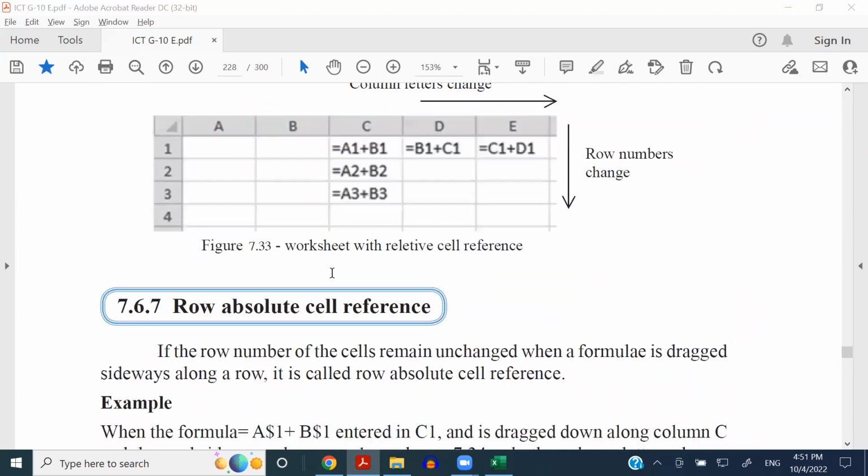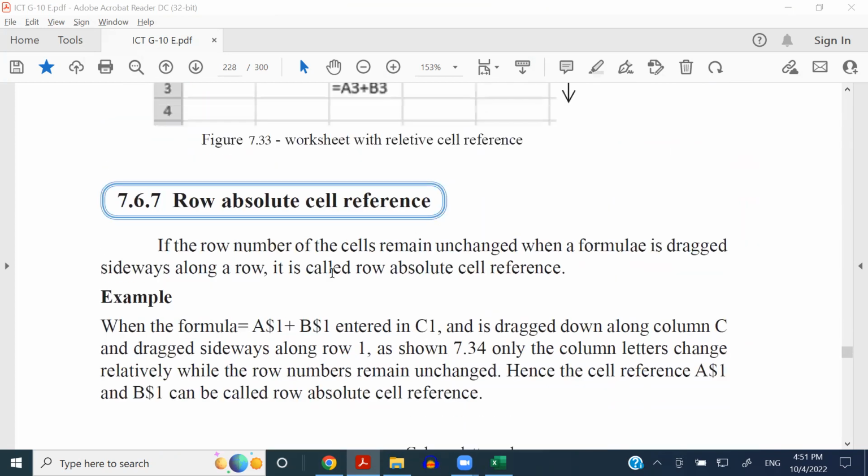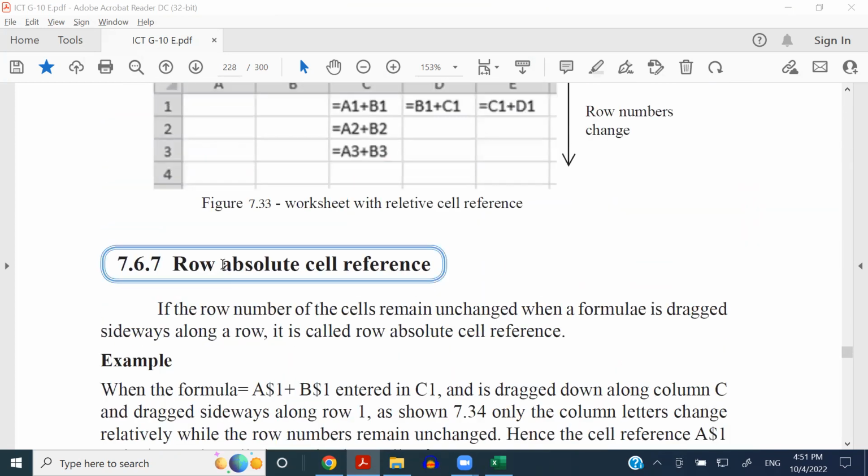Hold on. Yes, you may write the first subheading as absolute cell reference. Then you can have the subheading called row absolute cell reference. So first write absolute cell reference. Then write row absolute cell reference as a subheading under it. The entire thing.